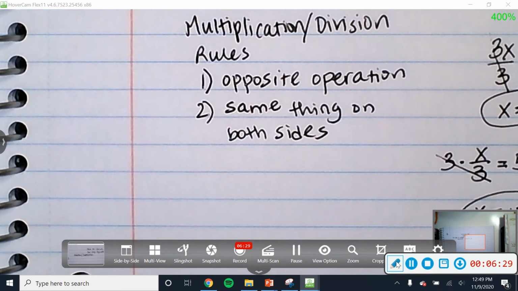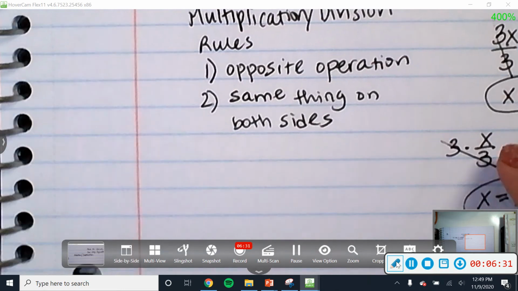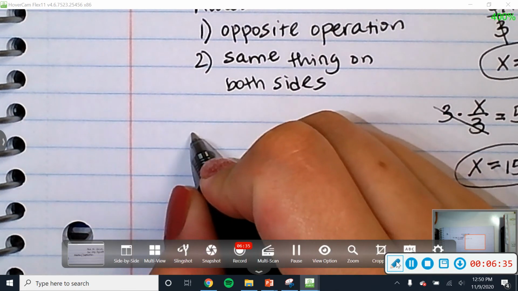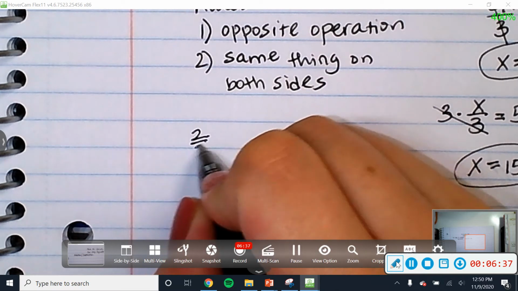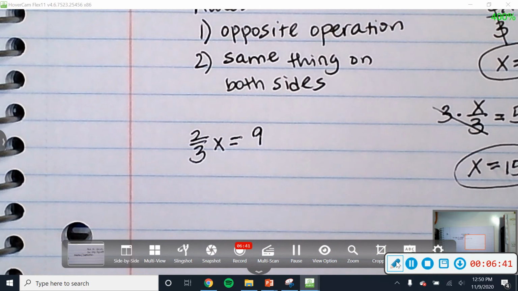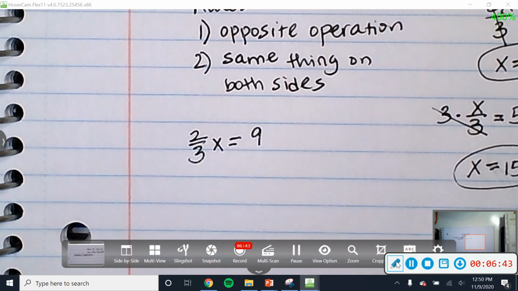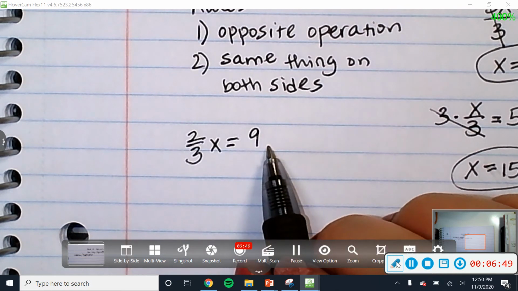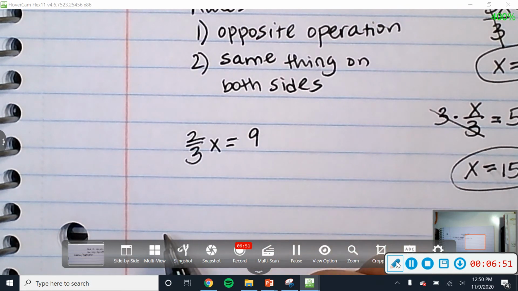An exception to this is sometimes we might see problems with fractions. As an example, we might see something like 2/3 x equals 9. For these types of problems, you can use the method that we just talked about, where you multiply 3 on both sides and then divide it by 2.